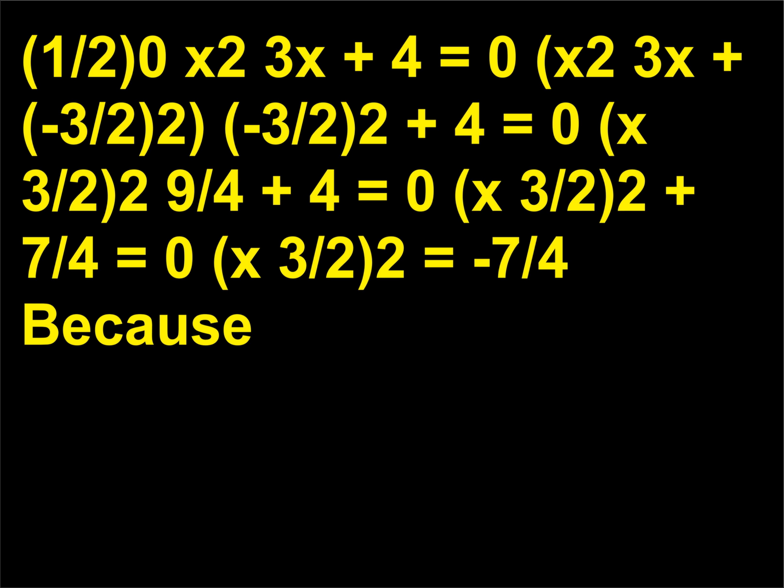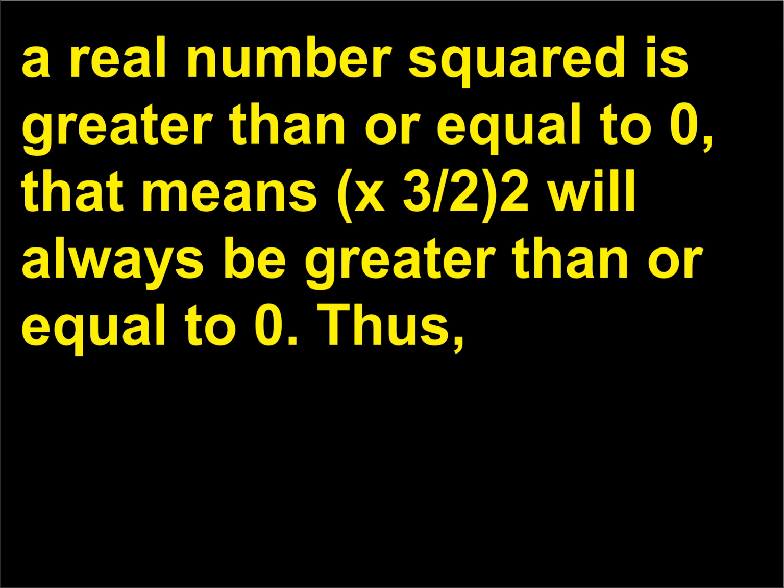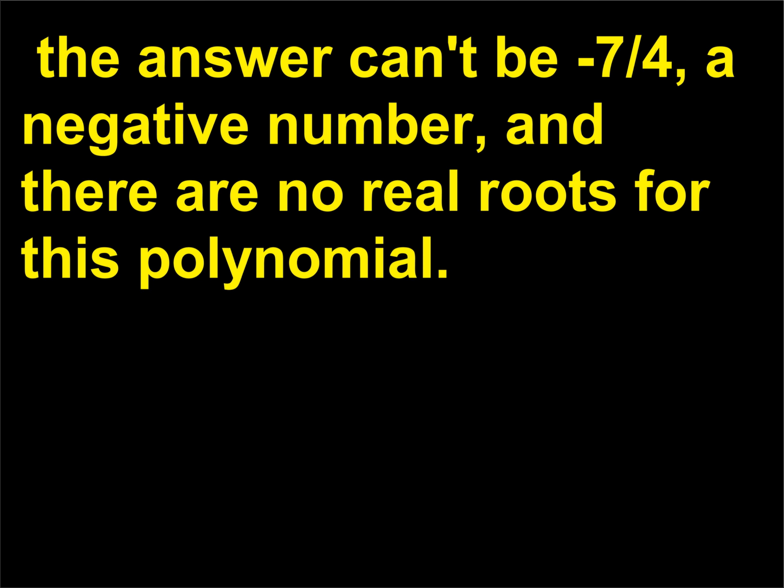Because a real number squared is greater than or equal to 0, that means (x minus 3/2)² will always be greater than or equal to 0. Thus, the answer can't be minus 7/4, a negative number, and there are no real roots for this polynomial.